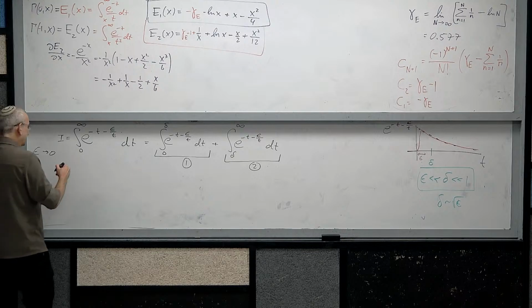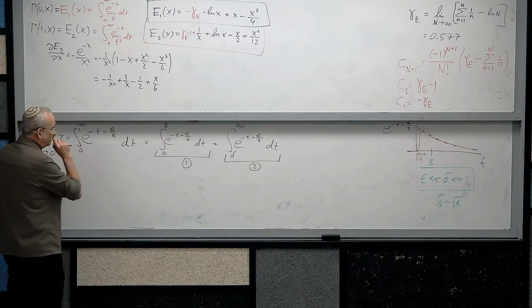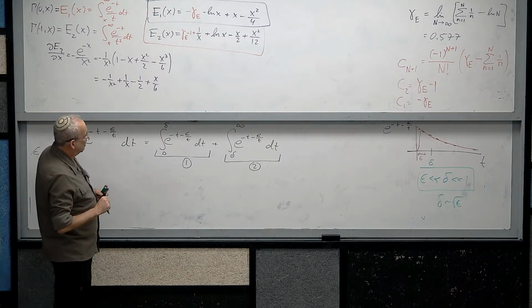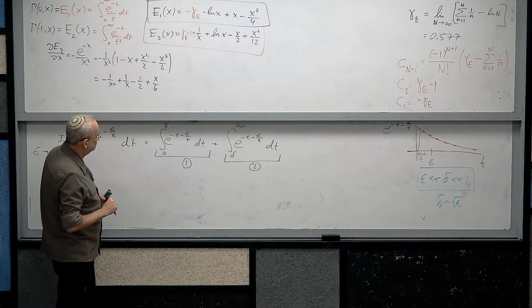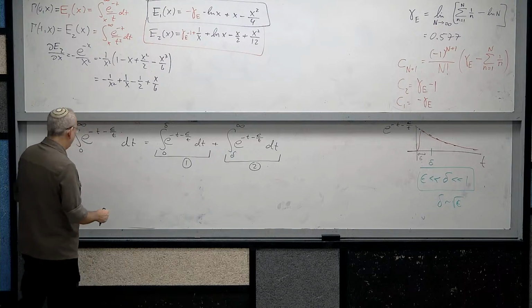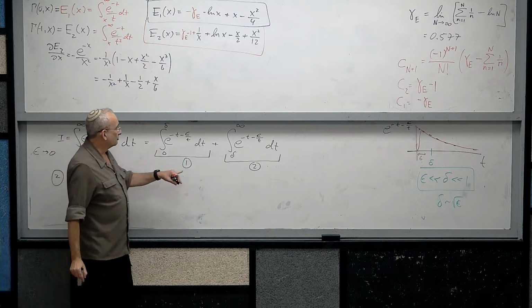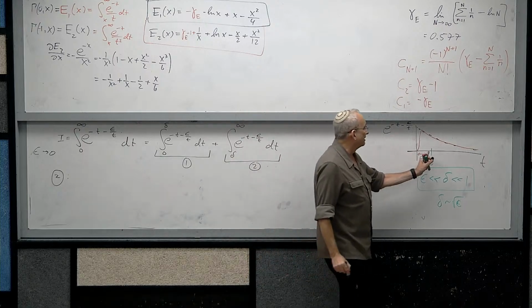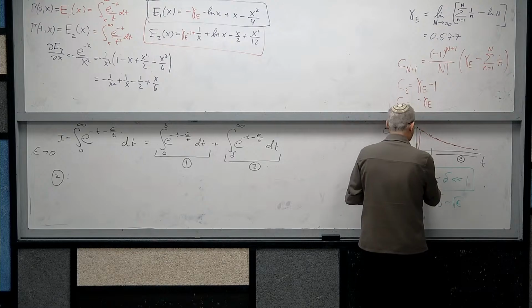Okay, so let's start with integral number 1. Or should I start from 1 or from 2? No, I would like to start from integral number 2. So in integral number 2, I am in the, say, outer regime here. This is the regime of integral number 2. This is where we are doing integral number 1.